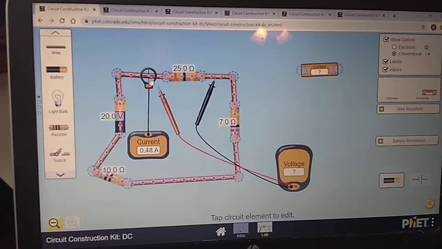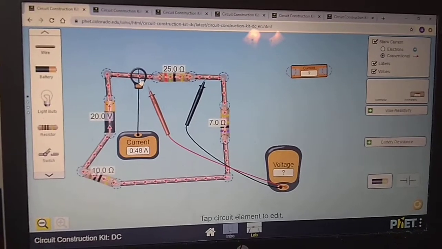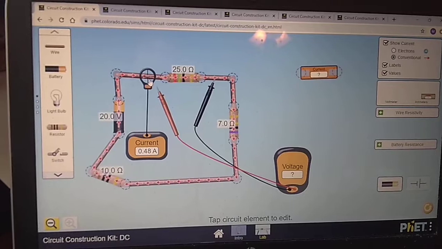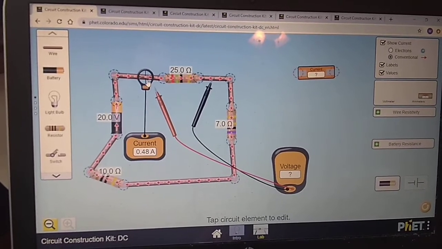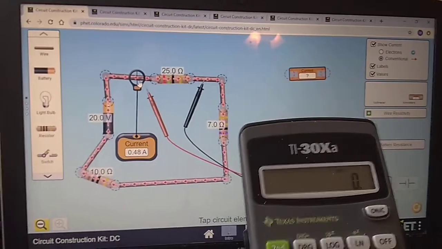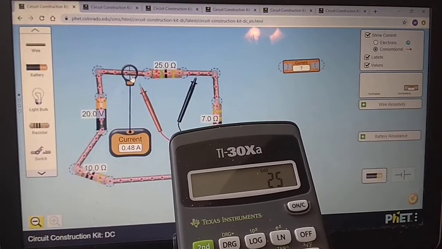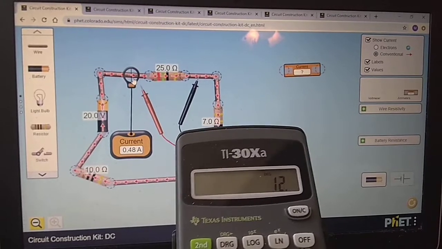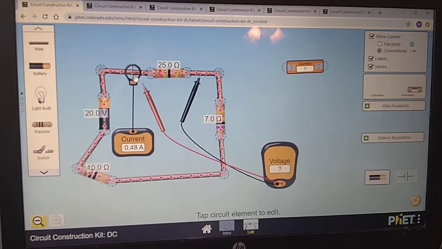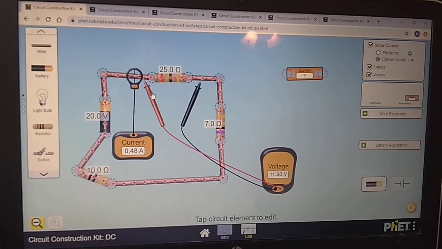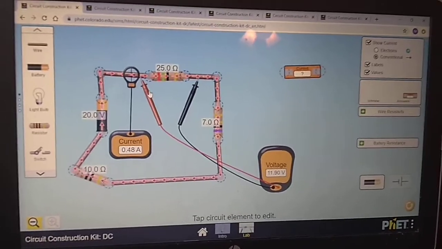And the one thing I don't like about this simulation is it rounds that current too much. Okay, we should have a slightly better prediction of what the current is, but that's okay. So if we take the resistance and multiply by the current, so 25 times 0.48, we get 12. Now, if we look at the voltage across that resistor, 11.9, yeah, pretty close to 12.